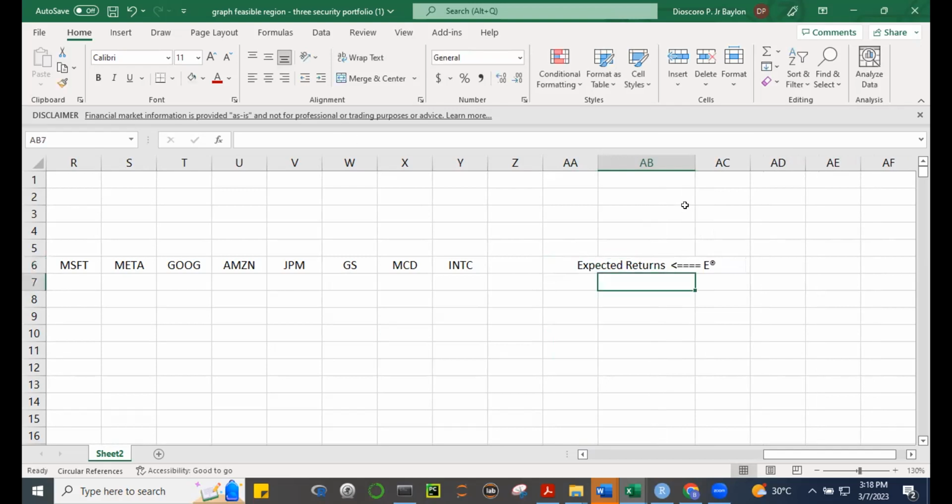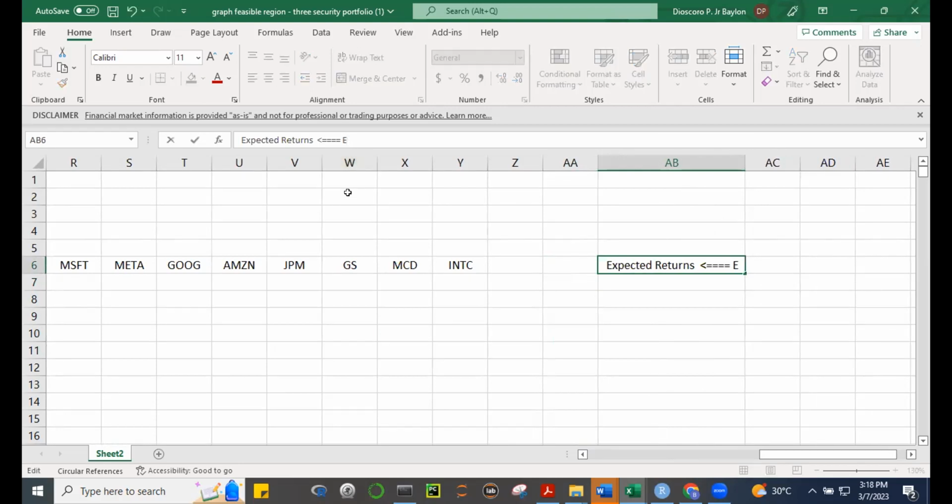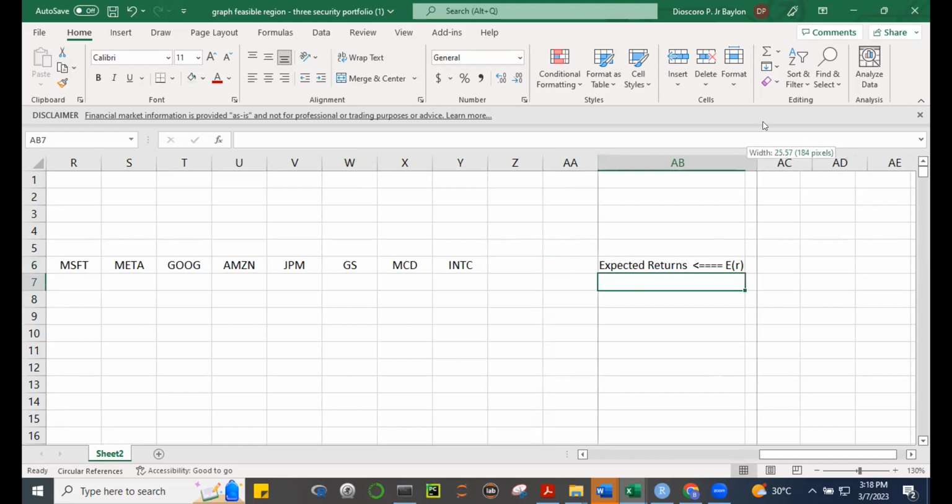Okay, we're using here finance terminologies. Okay, so we will be computing for this one.